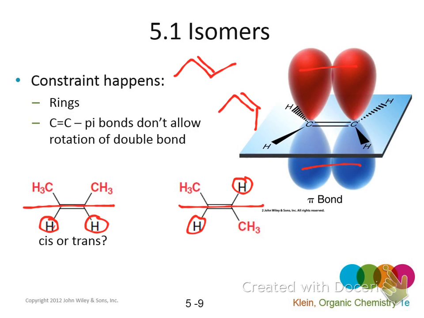Bottom one's cis. Do you guys see how? And top one's trans. Do you see how? Again, you draw the line along the constraint and you look to see where the hydrogens are. That's trans. Draw a line on this constraint with the hydrogens there. That one's cis.